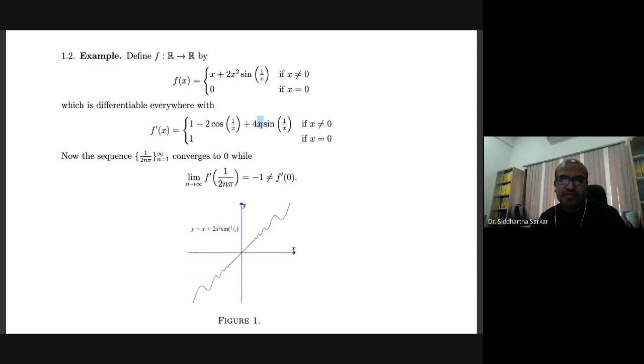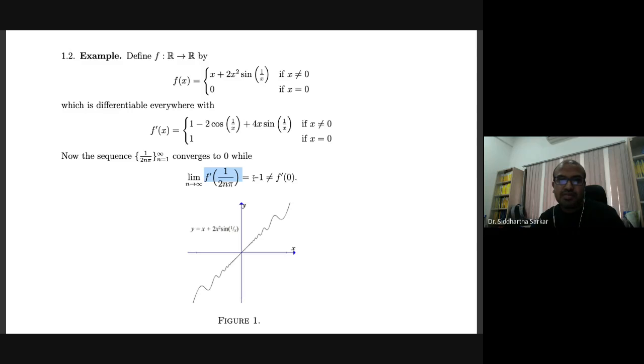Now if I just plug into the cosine part, I get, so cos of 2 n pi is +1. Therefore, the function value would be -1 over there. So the derivative at this sequence is simply -1.